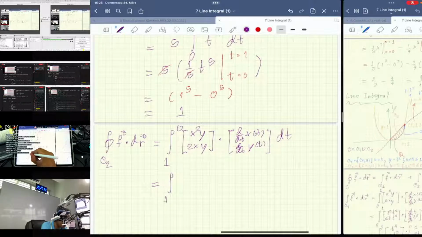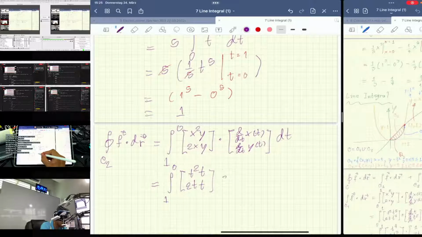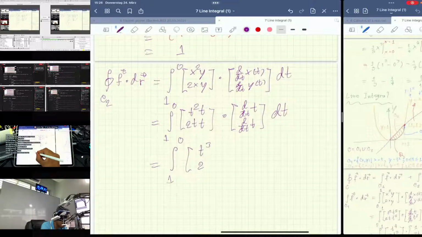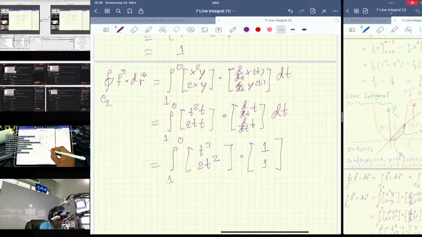Integration from 1 until 0. We have here t squared and t, 2t and t, and dot d by dt of t, d by dt of t, dt. You get integration from 1 until 0 of t to the 3 and 2t squared, and dot 1 and 1, dt by dt is 1, dt.